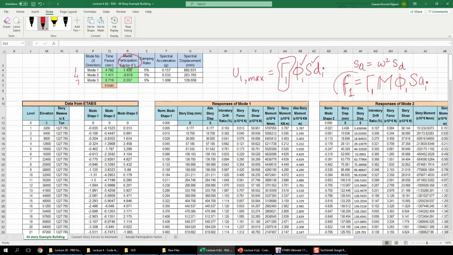This was the formula for the equivalent static force vector. So these will be the story forces, this column. You already have that gamma, the story masses, the first mode shape, and the spectral acceleration for the first mode.